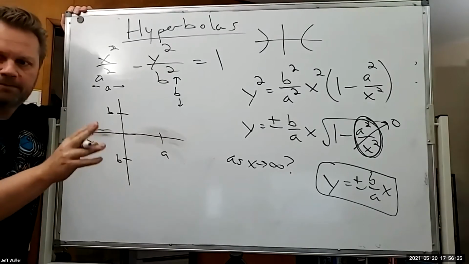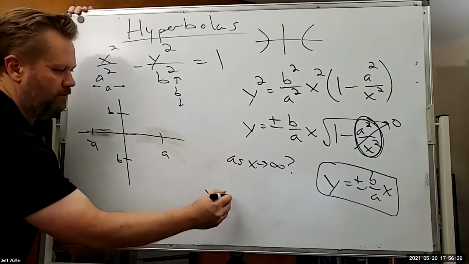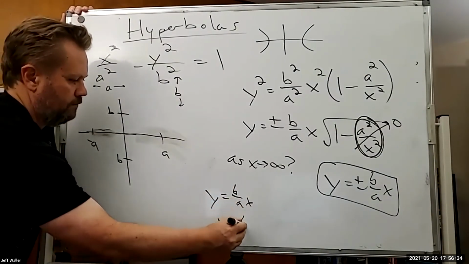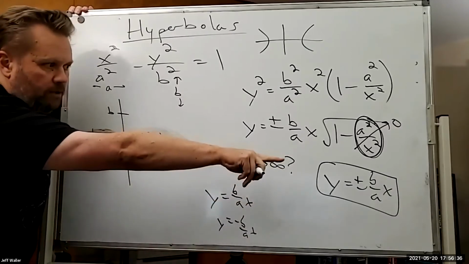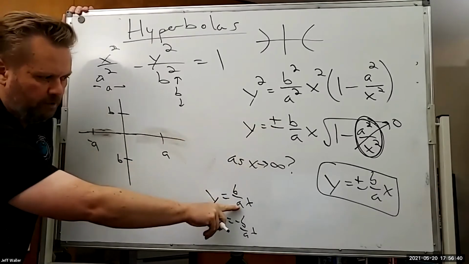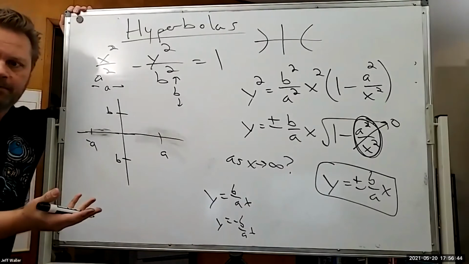Can you guys see that this equation, let me do this two ways, is plus or minus B over A x? What is B over A in that equation? Algebra time.